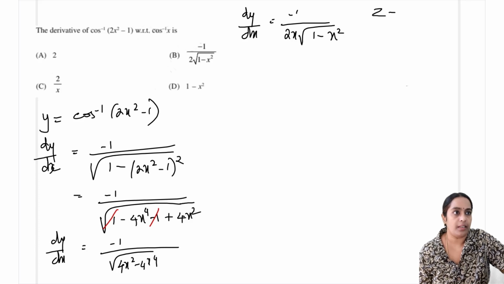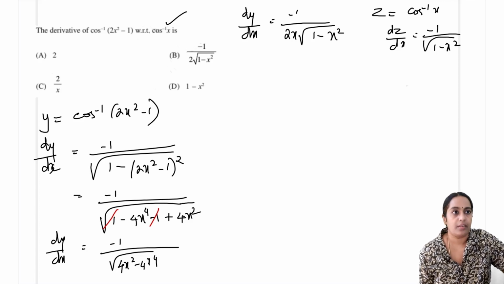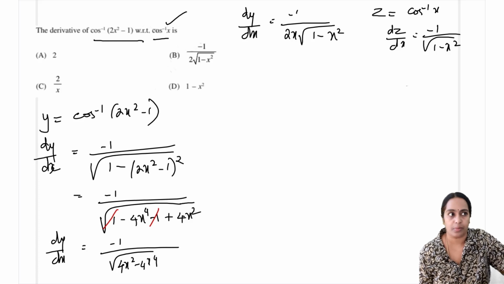So my z is the second function, cos inverse x. So what is dz by dx? That will be minus 1 divided by root of 1 minus x square. That's a formula itself. The question is the derivative of cos inverse of 2x square minus 1 with respect to cos inverse x.